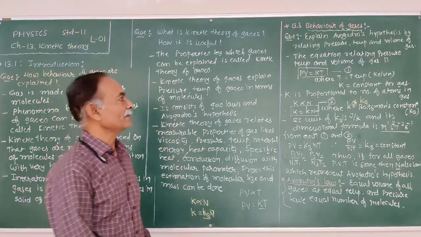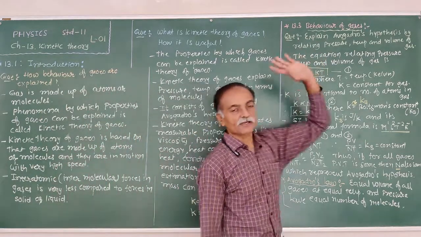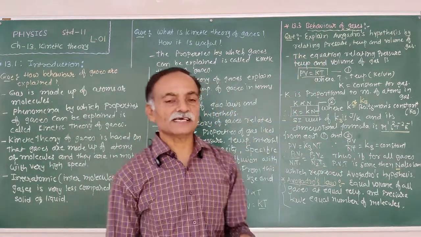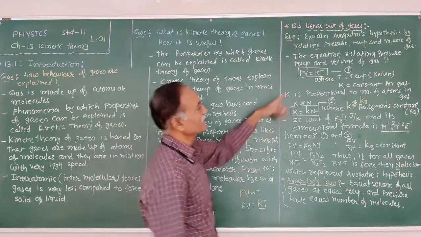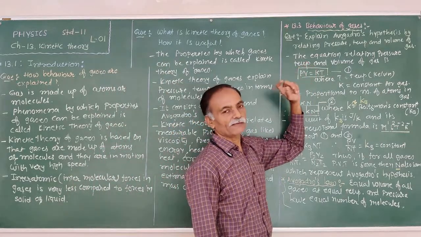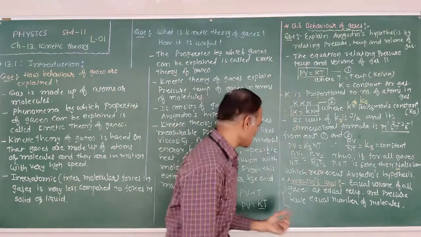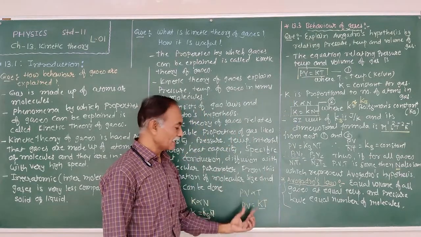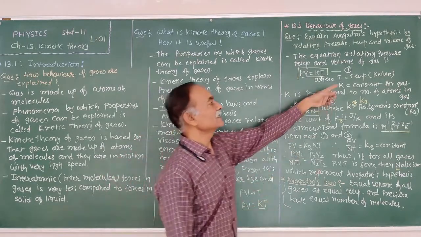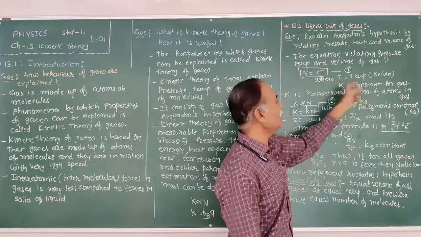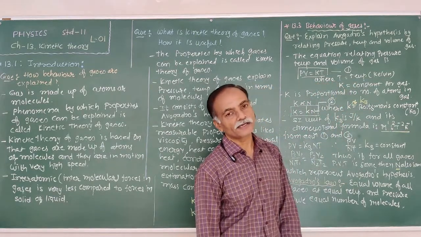For that purpose, the equation relating pressure, volume, and temperature is PV directly proportional to T. Therefore, PV is equal to KT. Temperature T is in Kelvin, and K is the constant for the gas.